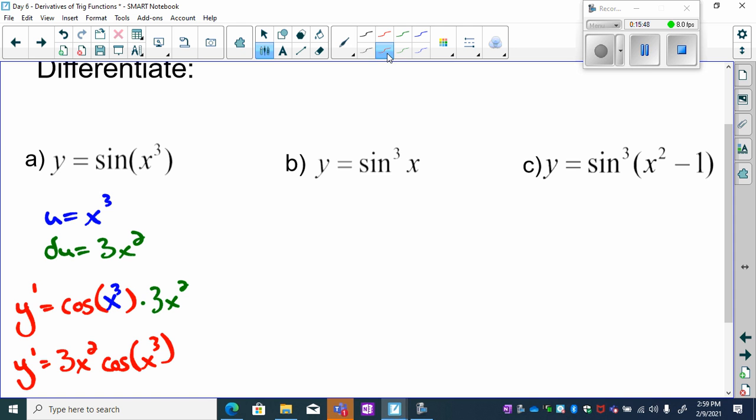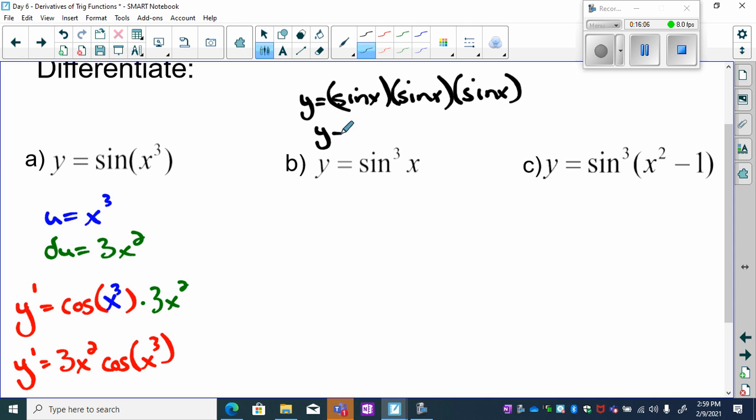Now, this is a little different. Okay? Remember, with trig functions, that actually means the following. It means sine x times sine x times sine x. Okay? Or you can think of it like this. Sine x all to the power of 3.